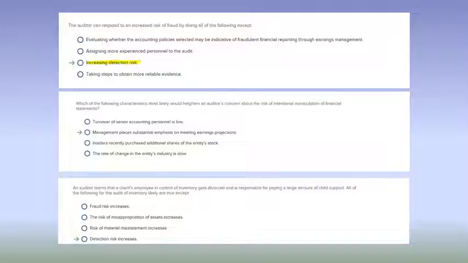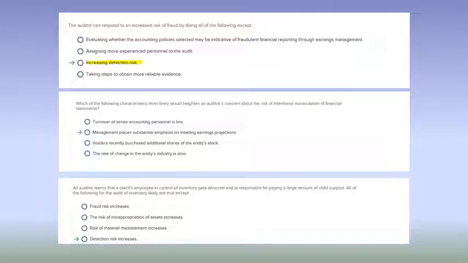We're going to decrease our detection risk by taking steps on our substantive procedures: nature, more external evidence; extent, larger sample sizes; timing, doing more year-end testing. At a financial statement level, assigning more experienced staff to the engagement, maybe increase supervision, maybe the partner is visiting that audit site more. All of these are ways of not increasing detection risk, but decreasing it.